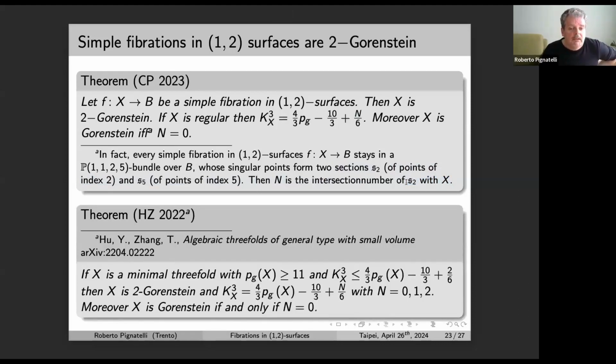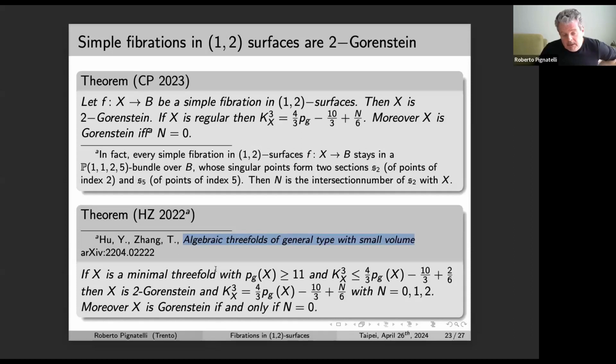Now, shortly after we put our theorem on arXiv in 2022, Hu and Zhang came out with this blueprint on arXiv. That's the starting point of the collaboration. I gave you already the main result; actually, some of the results, but also these last results on the deformations are in the collaboration.